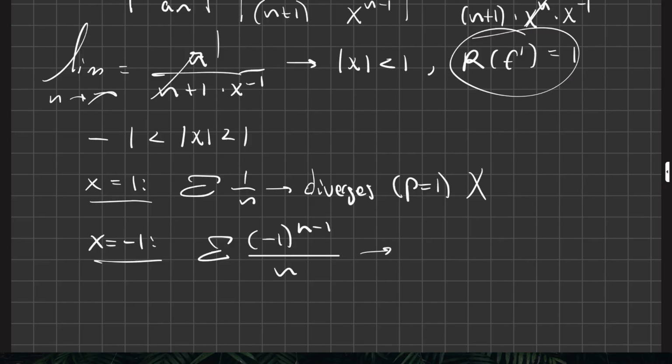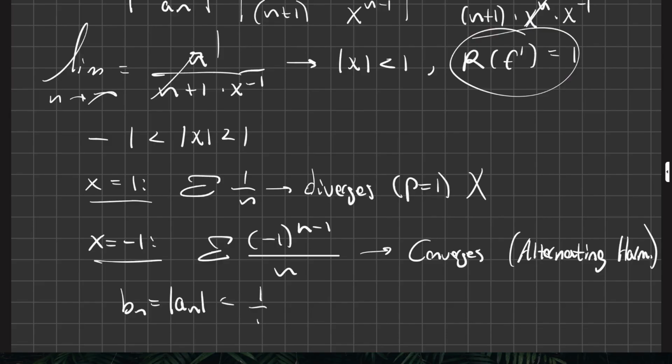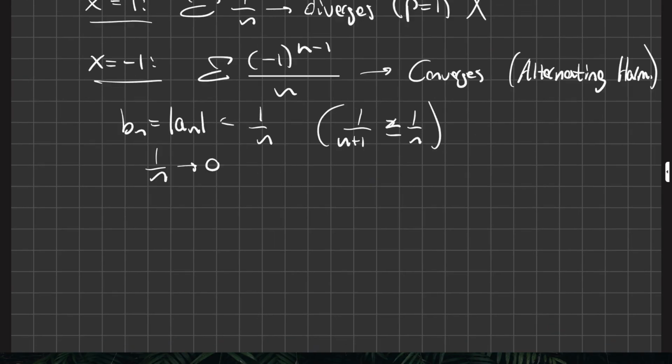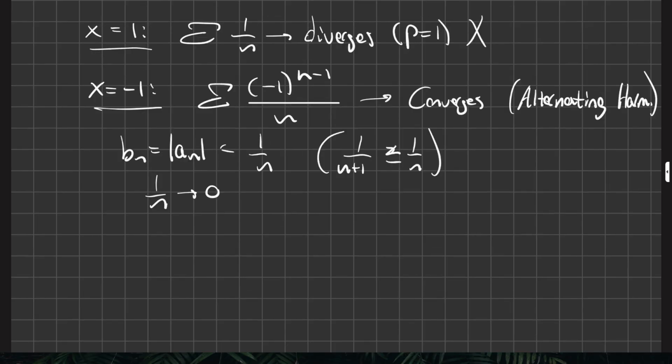We can make a similar argument: let Bn equal 1 over n, then set up 1 over n plus 1 less than or equal to 1 over n. 1 over n goes to 0 as we take its limit. So everything that we need is still satisfied for the alternating series test. So we converge at this endpoint.